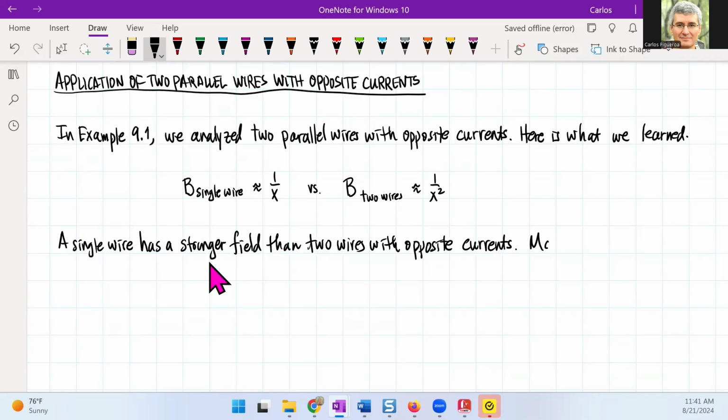Magnetic fields apply magnetic forces to currents in wires.